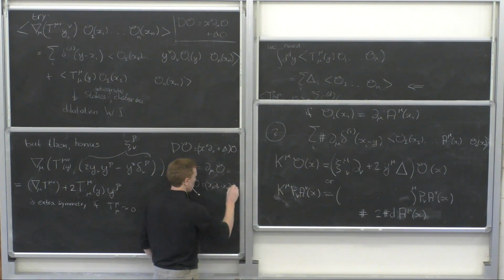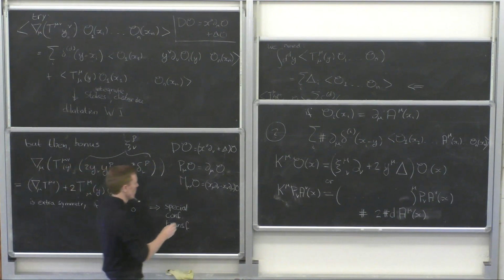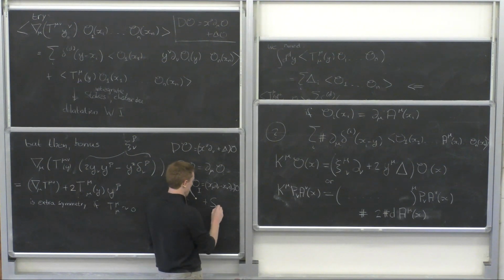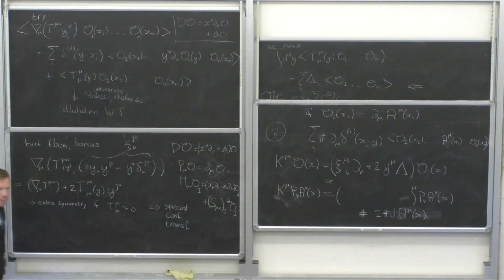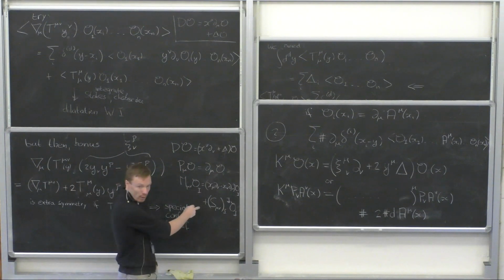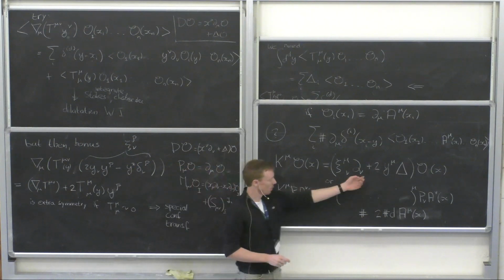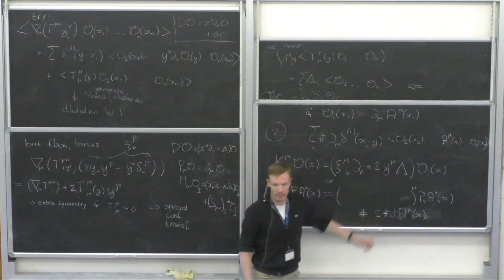So that's the rotation acting on the operator, if it's a scalar. But of course, if this operator has some kind of index, then there would also be the corresponding rotation matrix for this index, which would also act on the operator. So there's the classical vector field, and then there's the quantum version of how these guys act on operators. And so for the special conformal transformation, I just wrote it out. So this is the vector field acting on the operator, and this is the extra little bit that you get in the quantum version.